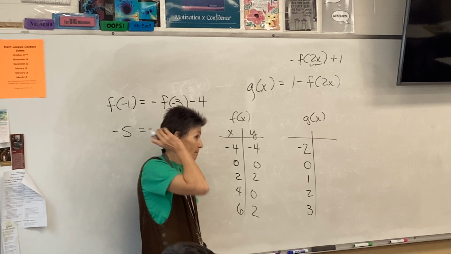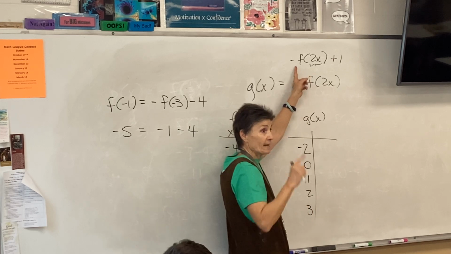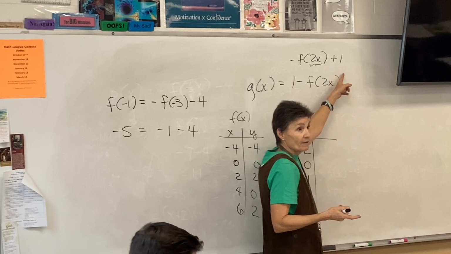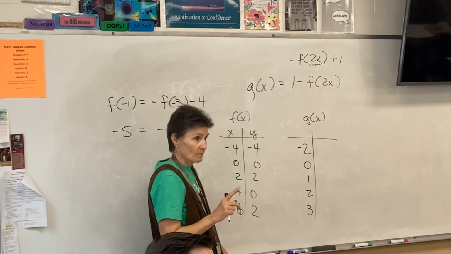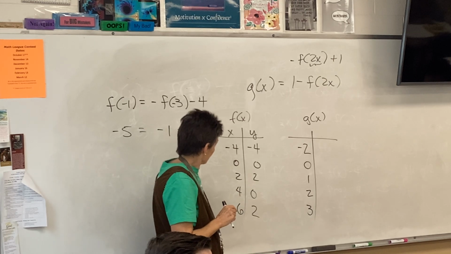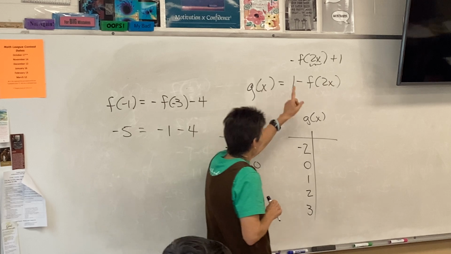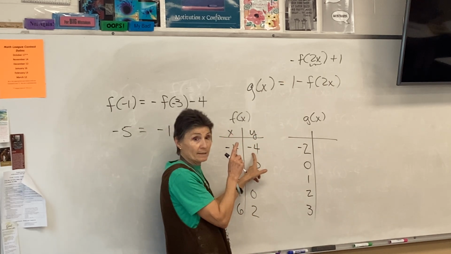Now what's happening to my y's? Two things are happening to my y's. First of all, they're getting made negative, and they are moving up 1. Am I missing something here? Okay, so I'm going to make my y negative and move it up 1.